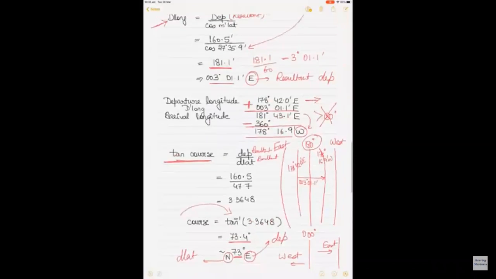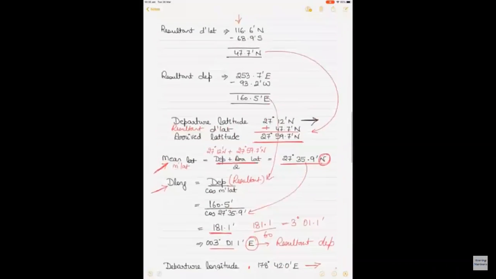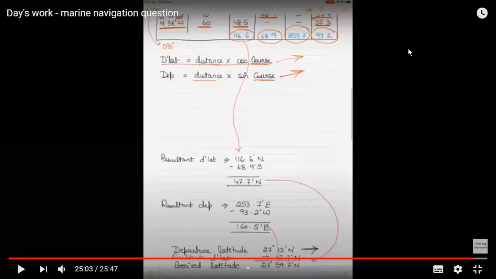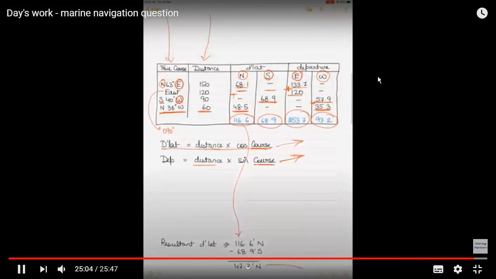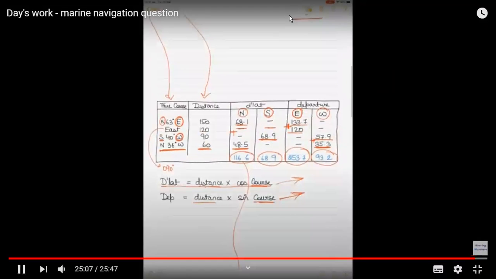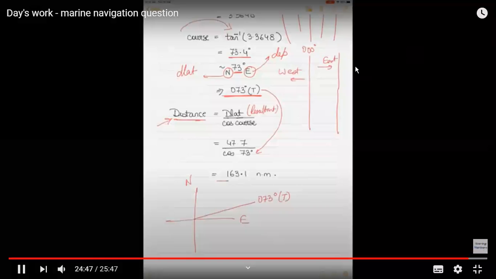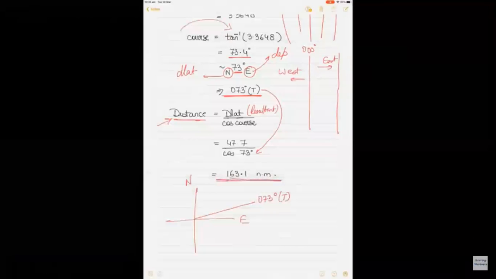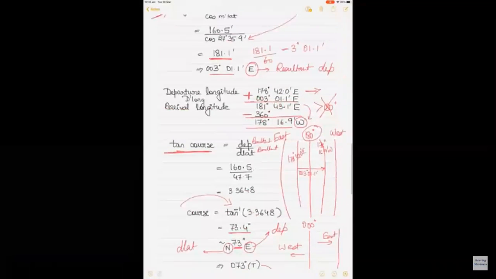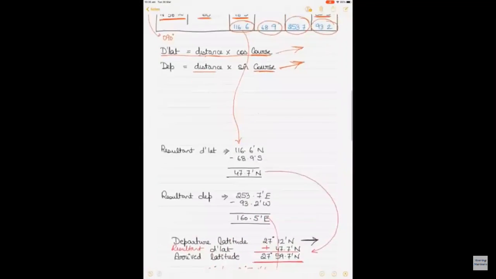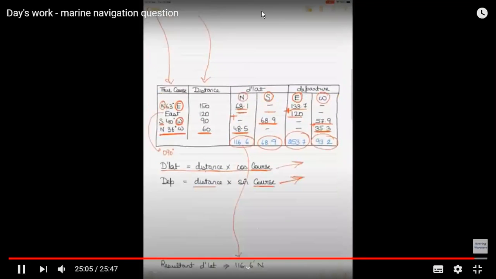So total distance we will get from here, or we can just verify also. We got the total distance as 163.1 nautical miles. So these were all the things which we wanted to find out: initial course, distance, arrival latitude and longitude, like position finding which we sometimes do in chart work.